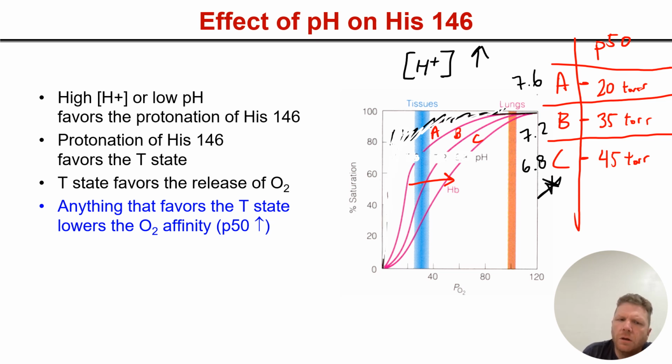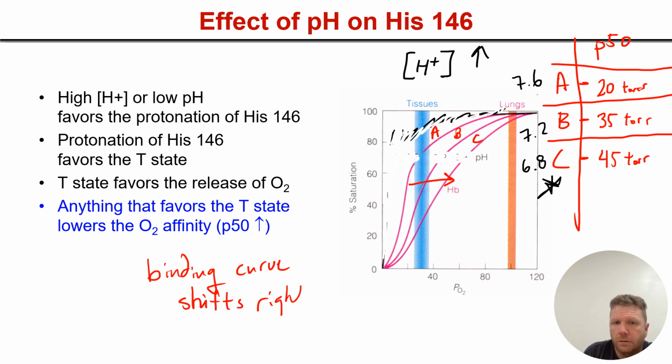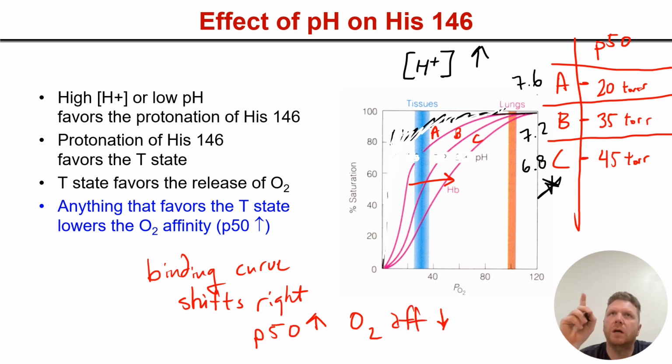Okay, so I want you to know this, that if a binding curve shifts right, then P50 goes up and O2 affinity goes down. So when P50 goes up, that means you need more O2 to be 50% saturated.